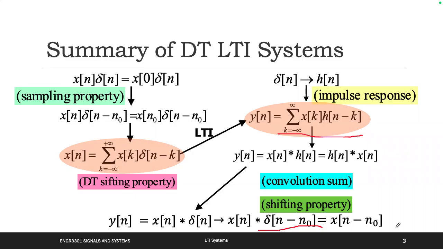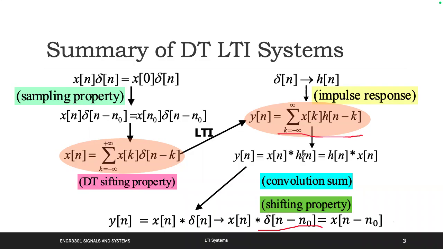Those are the properties we focus on this week: commutative, distributive, and associative. Those properties are not that difficult to understand, but they are very useful when you try to find the output using the input and the impulse response. We have already talked about some examples.